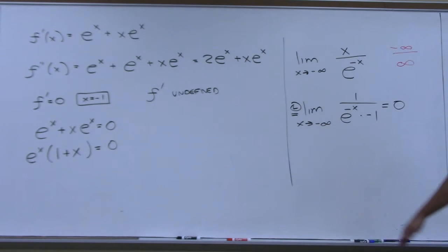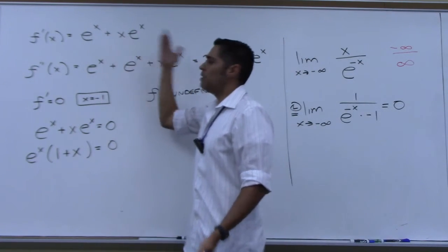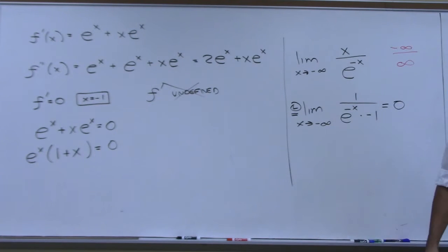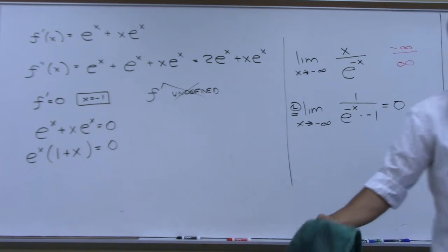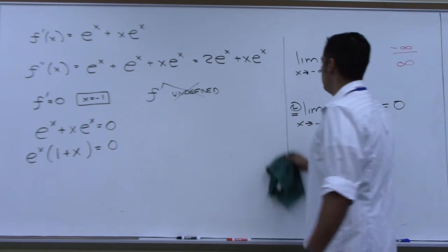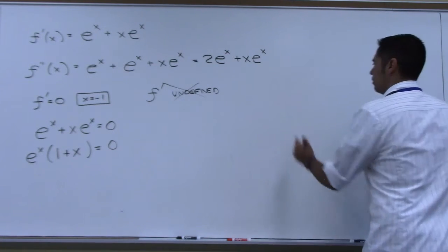Is your derivative ever undefined? No, because this is well-defined, that's well-defined, so no problems there. It's going a little faster than the other one was, right? With derivatives. What am I going to do now? Number line.